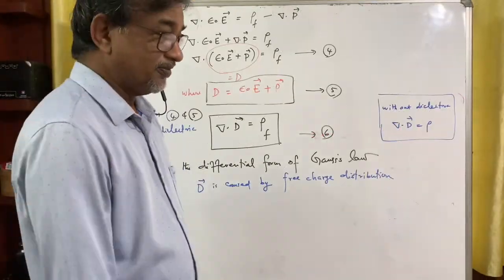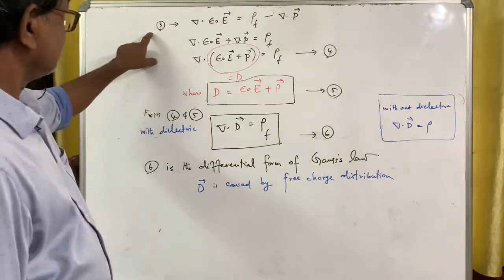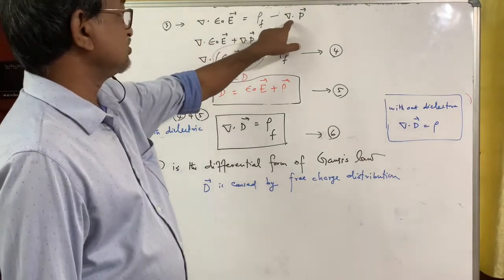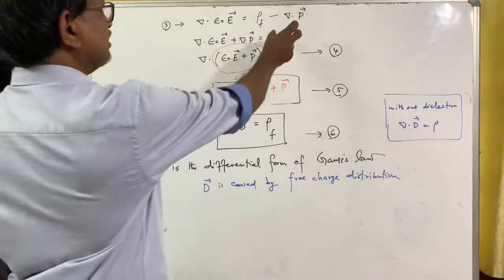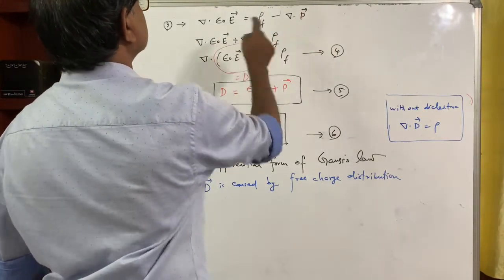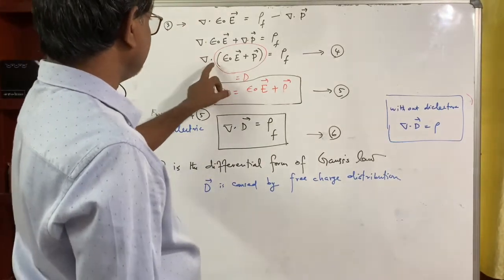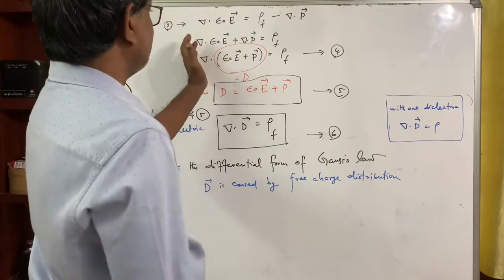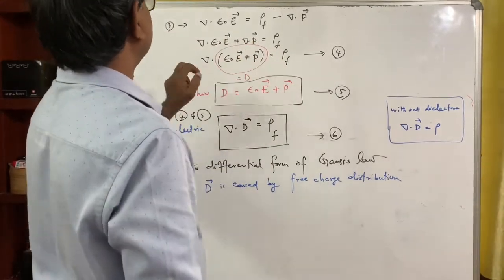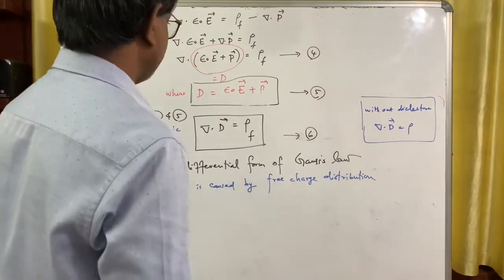Substituting for rho b, that is the bound volume charge density, we get del dot epsilon 0 E equal to rho f minus del dot P. Bring this minus del dot P to the LHS. So this equation becomes del dot of the bracket, where you put epsilon 0 E plus P as common factor, and this is equal to rho f.